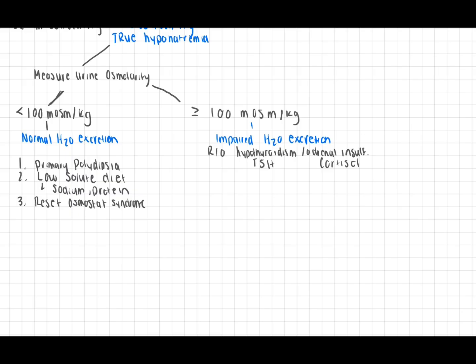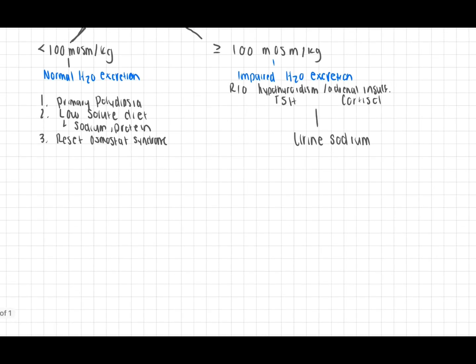So we check something called a urine sodium level. If the urine sodium is less than 20 millimoles per liter, then this typically represents hypovolemia.